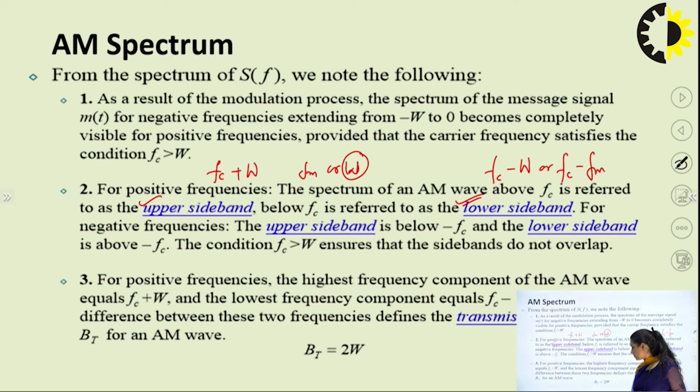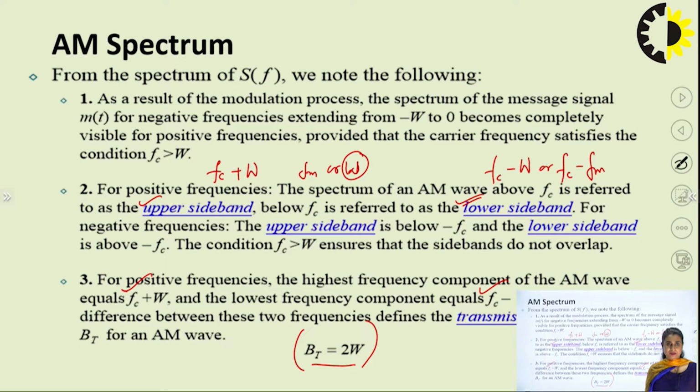For positive frequencies, the highest frequency component of the AM wave equals this and the lowest frequency component is this. It appears negative for the vice versa case, right? Total bandwidth of AM, if we consider the complete difference, stands out to be this. We have discussed this.